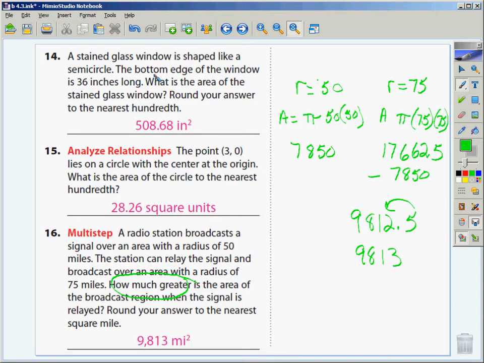You said you tried this one, but you're not getting the right answer, right? A stained glass window is shaped like a semicircle. If it's shaped like a semicircle, the area is no longer pi r squared. The area is pi r squared divided by 2.